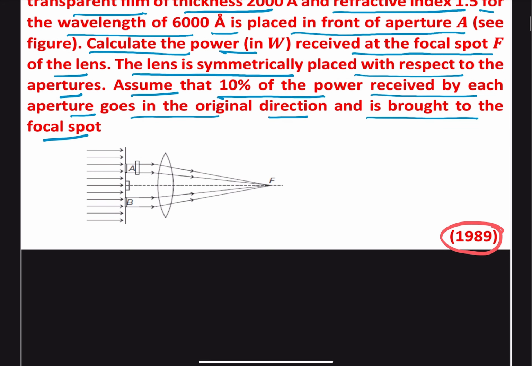So we have this figure, and in this figure we have two apertures, A as well as B, and in front of A there is a thin film, and this entire ray which is passing from A and B with the help of this lens is being focused at F, and it is said that only 10% of the power received by each aperture goes in the original direction.